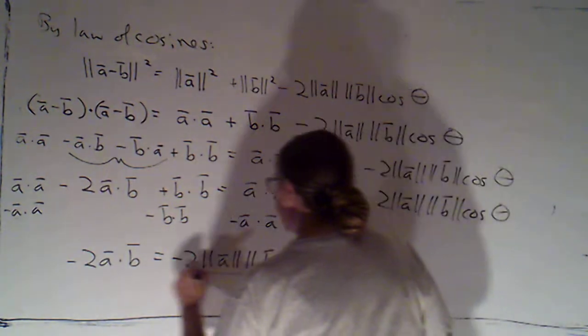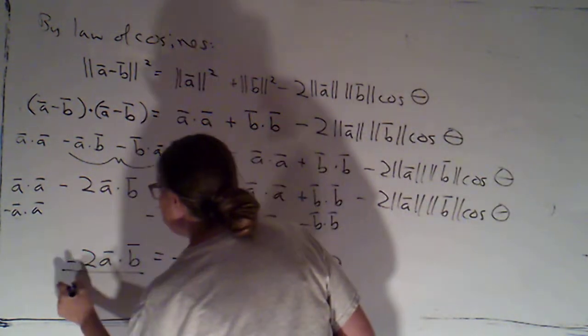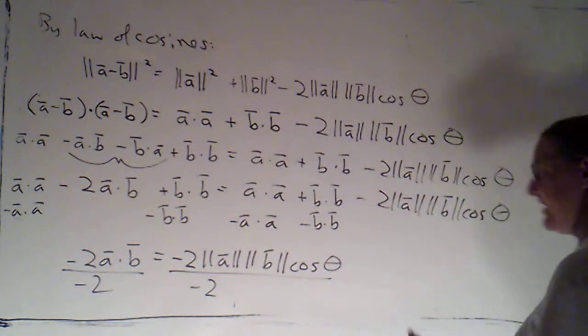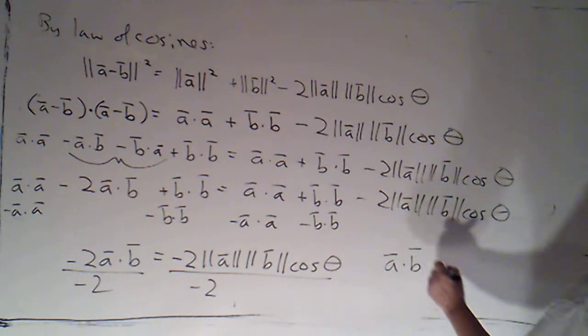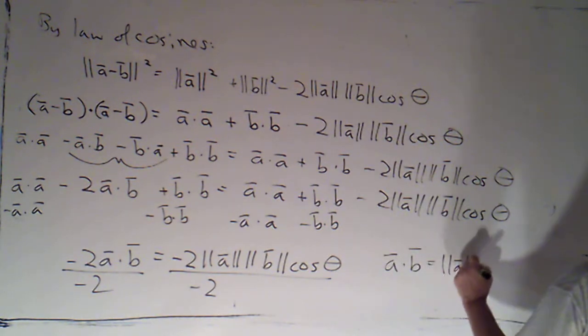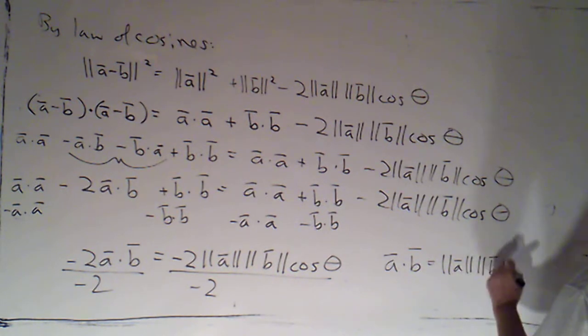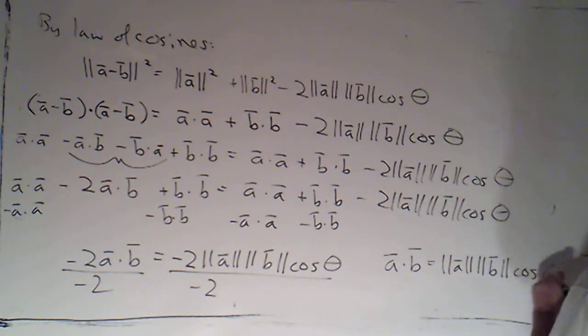Let's divide both sides by a negative 2. And what do we have? A dotted with B is the magnitude of A times the magnitude of B times cosine of theta, where theta is the angle between A and B.